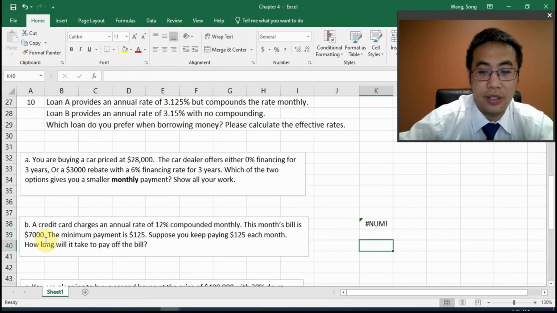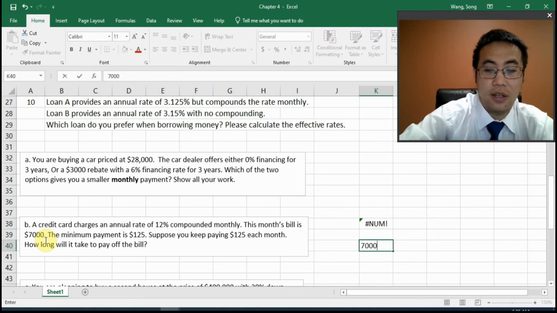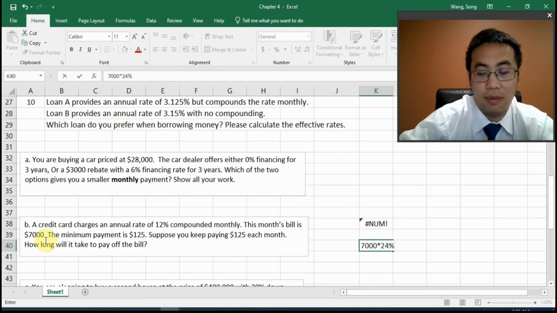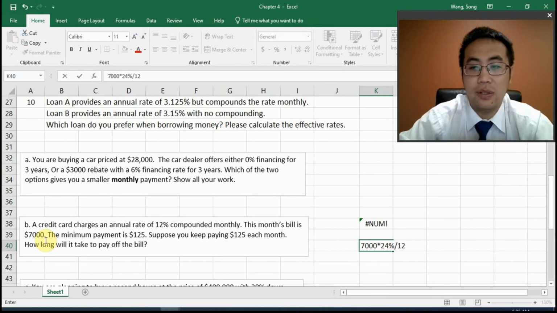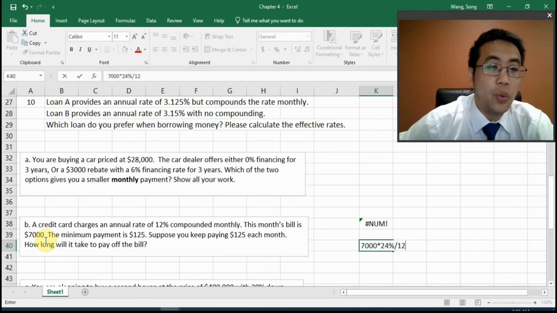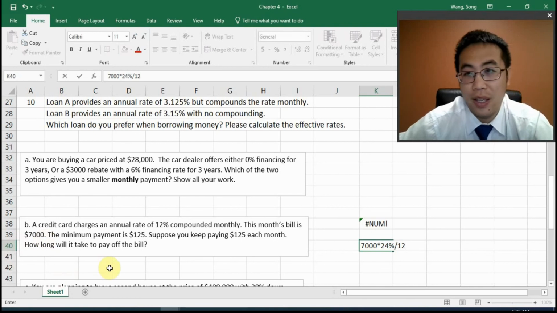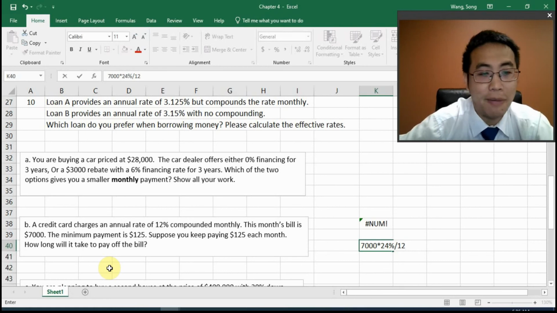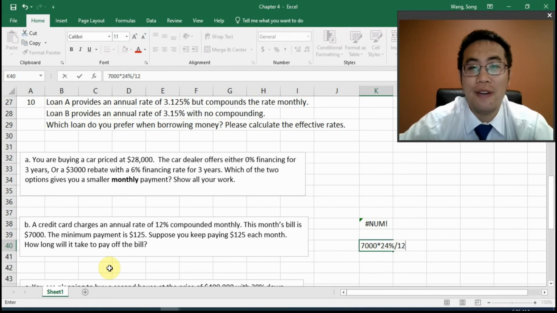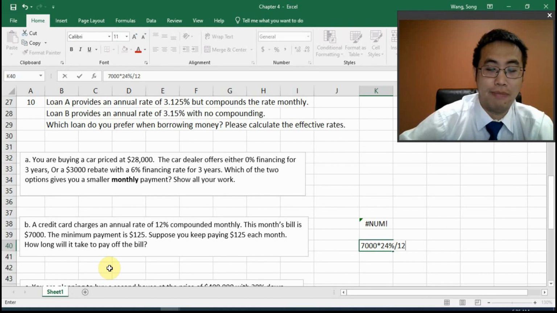Okay, so 7,000 times 24%, my fictitious interest rate, divided by 12, so that would be $140. Would the $125 be enough just to cover the interest? Definitely not. And you're not even paying back any penny of the principal. So if the interest rate is at 24% and you only pay $125 per month, you will never ever pay back your credit card bill.